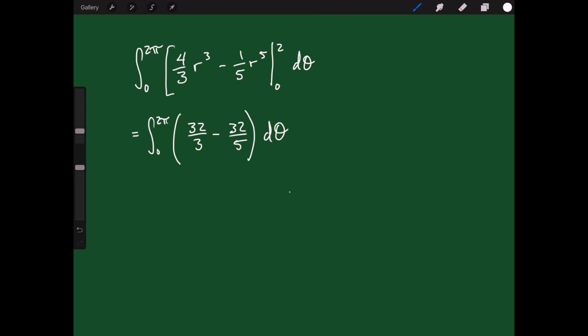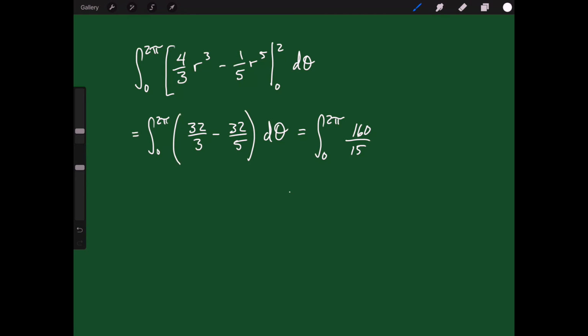Okay. So I guess I could combine those two. If I wanted to get a common denominator for 3 and 5, I suppose it's 15. So 32 times 5 is 160. So I have 160 over 15.